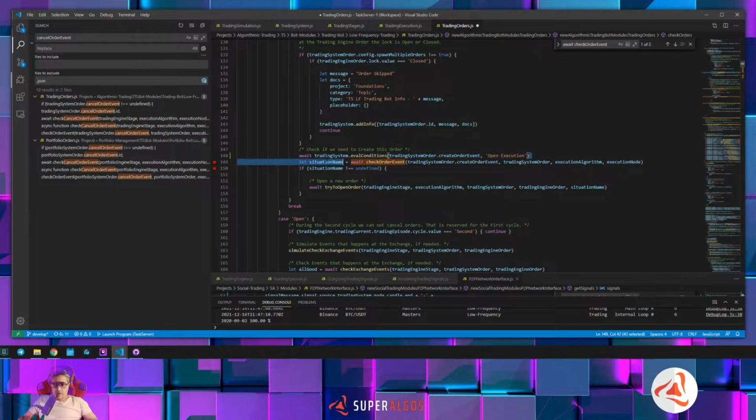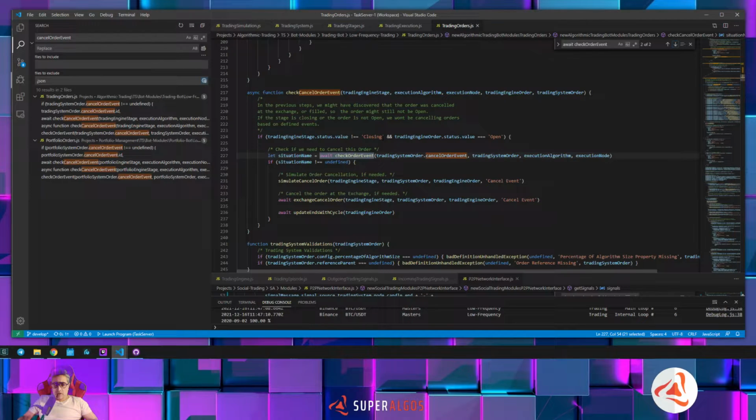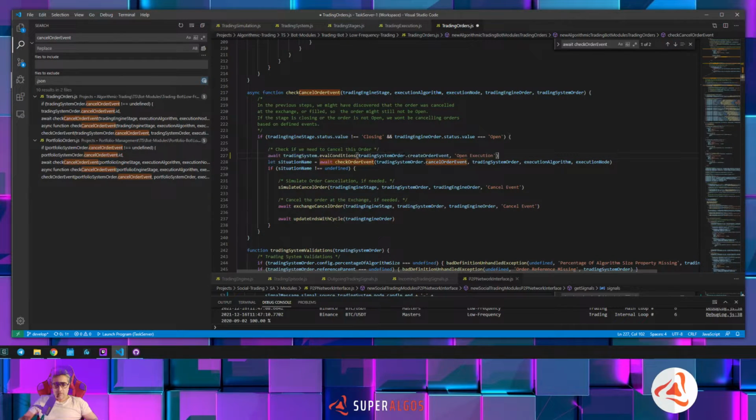Like there. And the other point to do it is here. Cancel order event. Okay, what is this open execution? Eval condition.